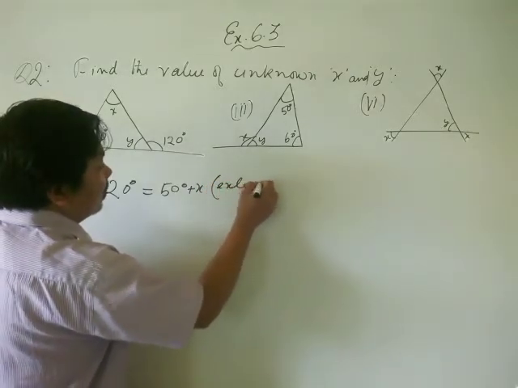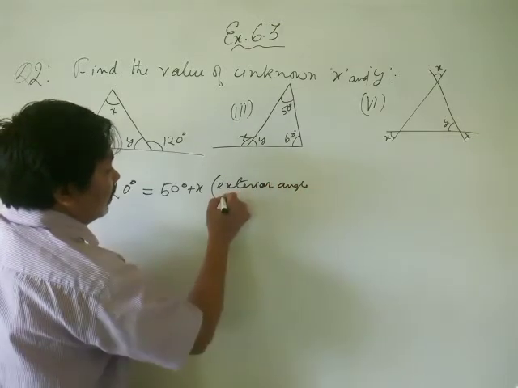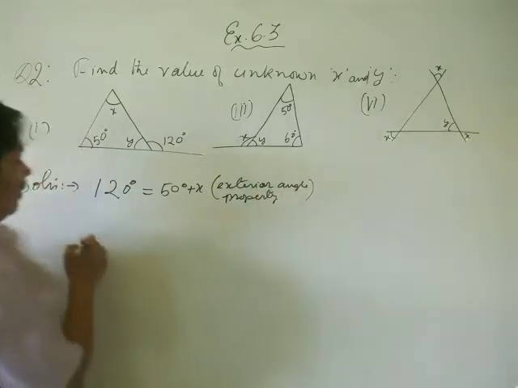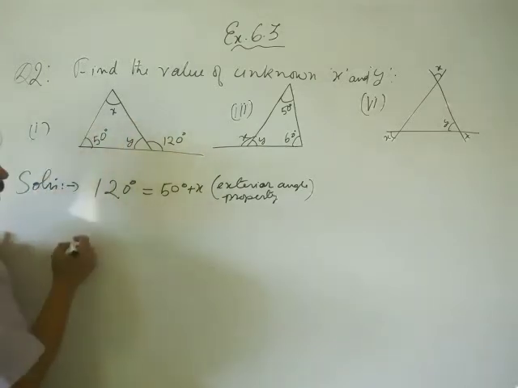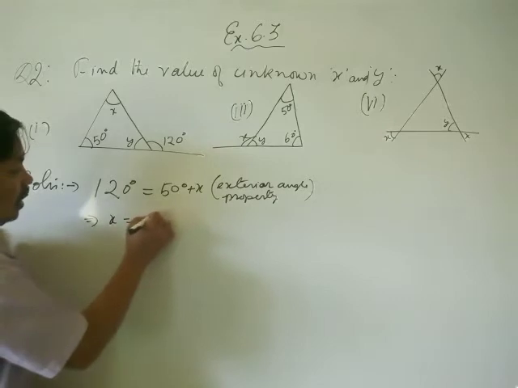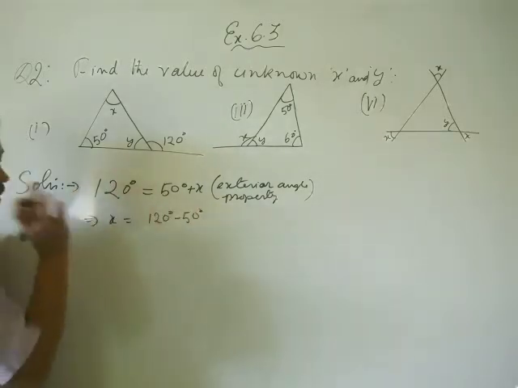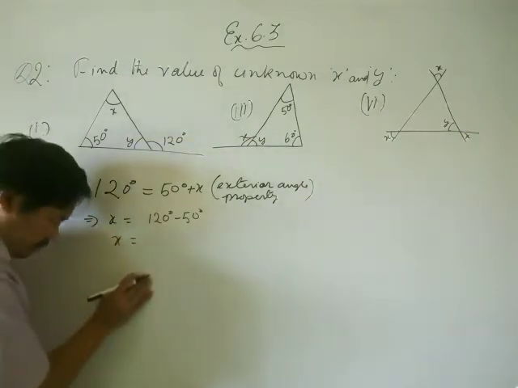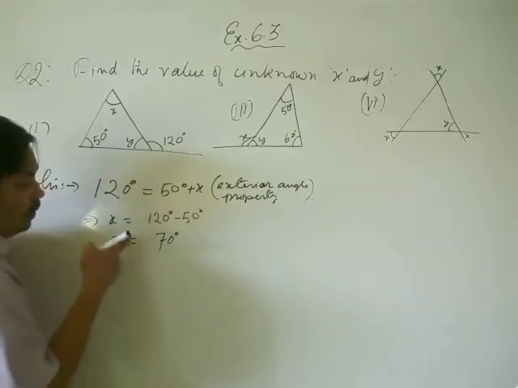Exterior angle property we can say. Clear? So it says that the exterior angle is equal to the sum of its opposite angles, isn't it? Yes. Then we have, implies that x is equal to 120 minus 50, isn't it? Then x equal to how much you see here? 120 minus 50 we get 70 degrees here. We get here x is 70 now. We got x is 70.